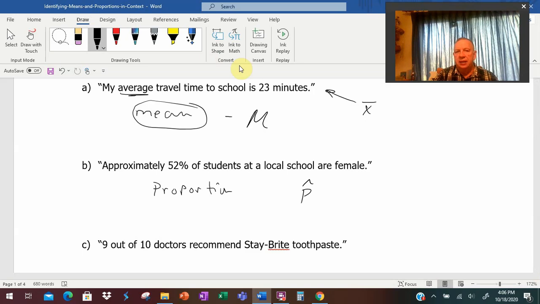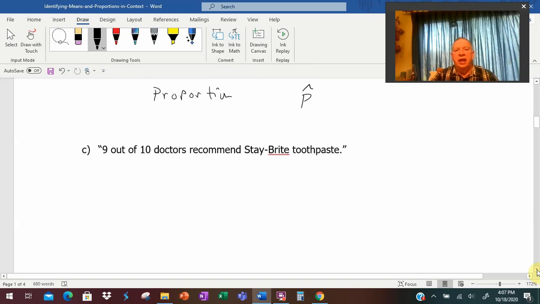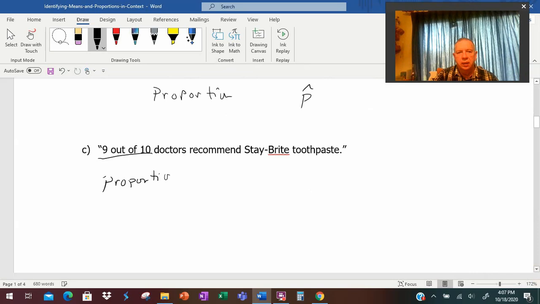That would be a P hat. Now, if that's our only population of concern, then you would use P for that. Nine out of 10. Again, proportion. Okay.